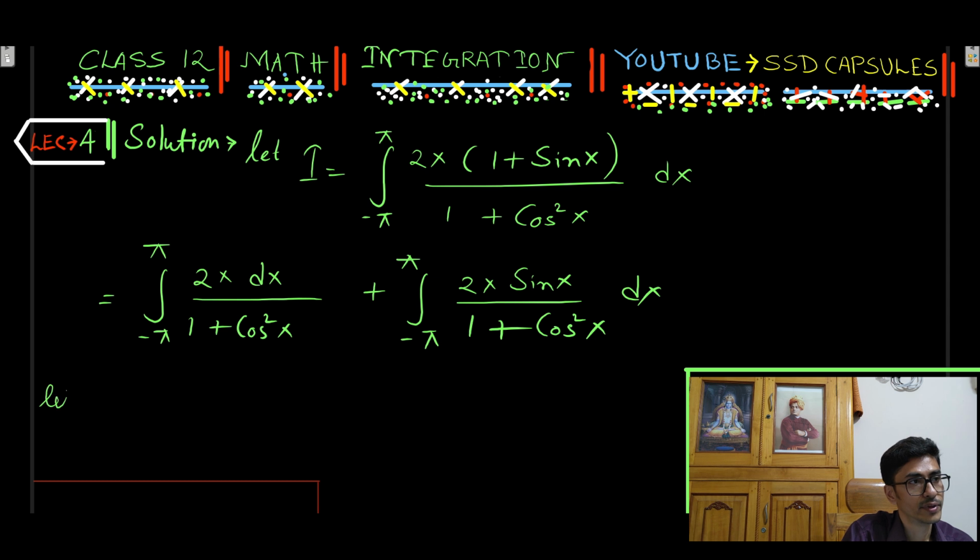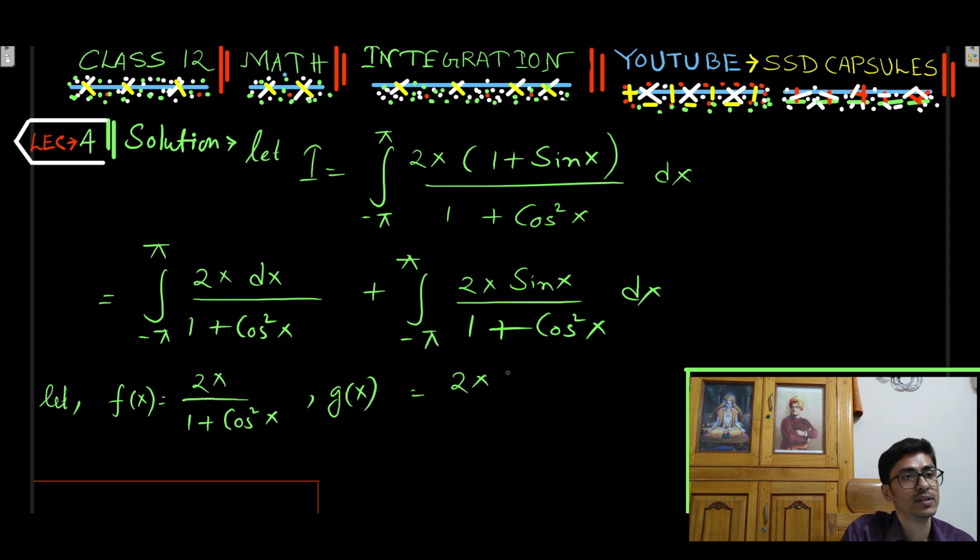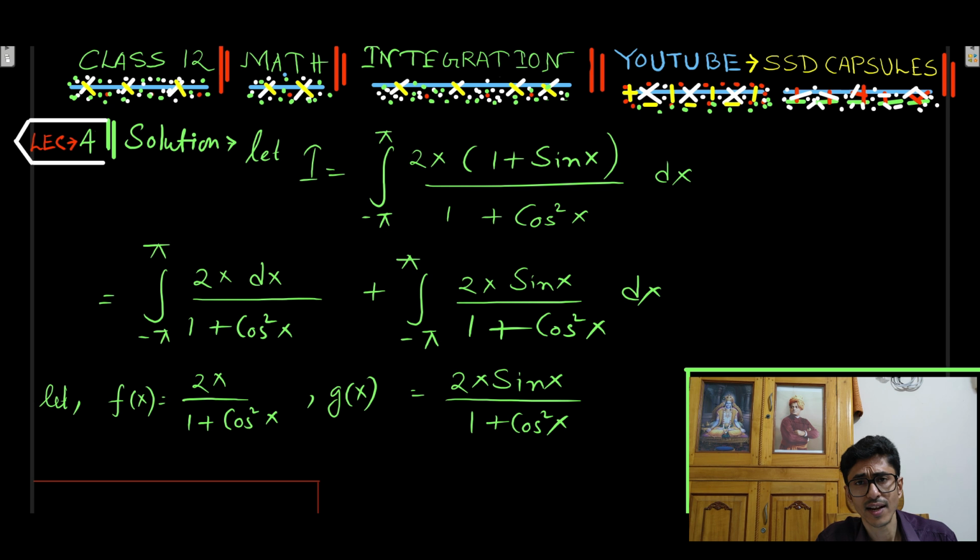Now let f(x) equal 2x by 1 + cos square x and g(x) equal 2x sin x by 1 + cos square x. But why are we considering these two functions?